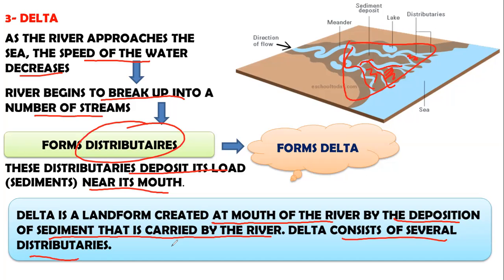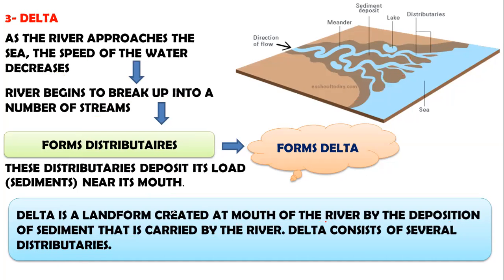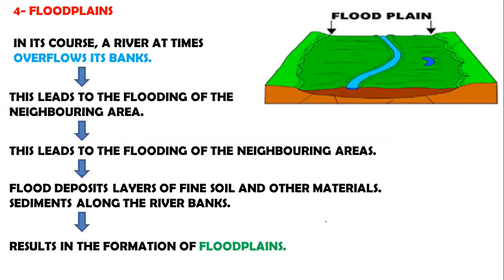Our next landform is floodplains. See what happens. Floodplains, as you can understand by the term, the plains that have been formed due to occurrence of flood. Now what happens in its course, river at times overflows its banks.